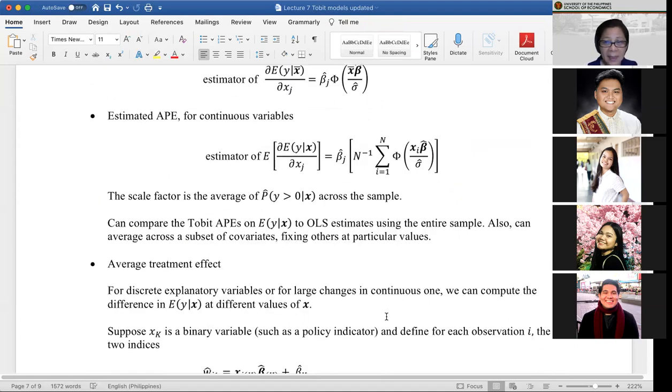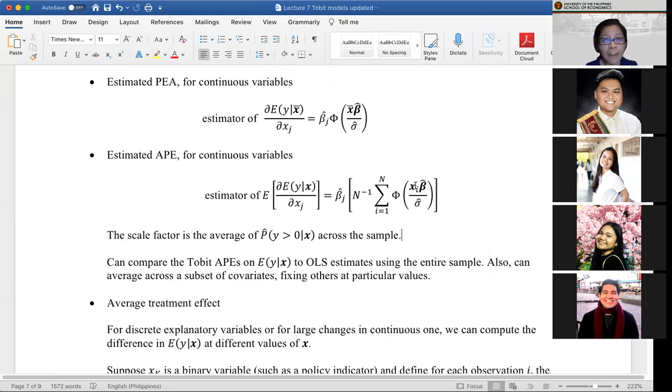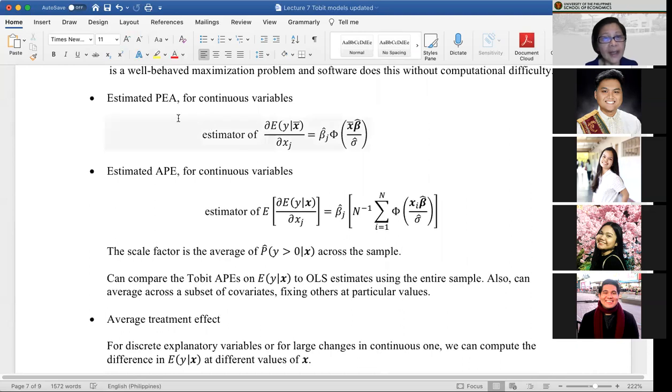Let's move on to the average treatment effect. For the partial effect at the average and the average partial effect, note that we are getting partial derivatives, so here we are assuming that the x_j's are continuous.